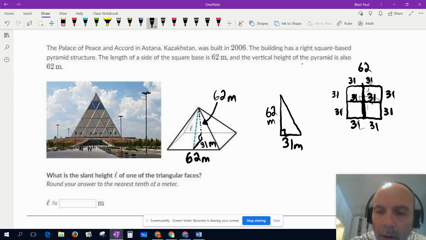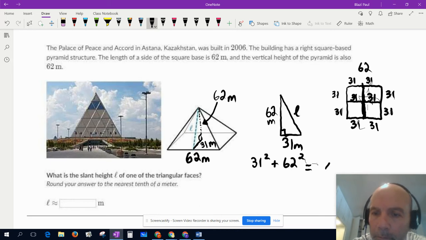So now we just need to do the Pythagorean theorem. 31 squared plus 62 squared equals L squared. This is 961, this is 3844, equals L squared.